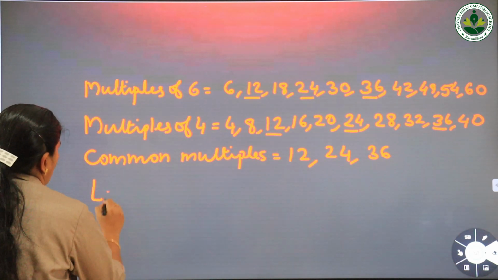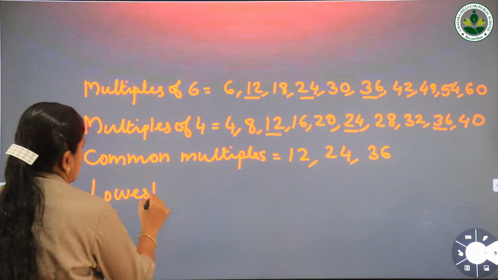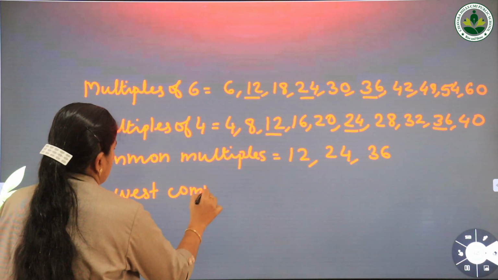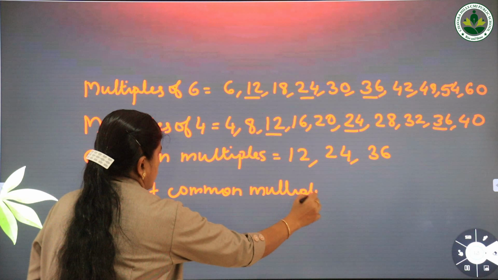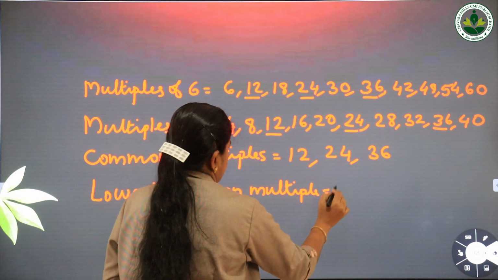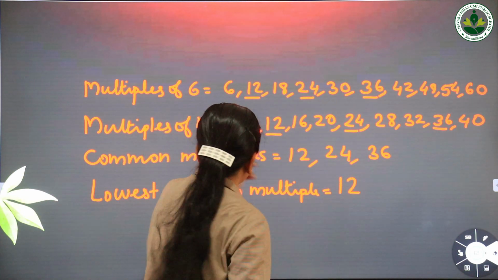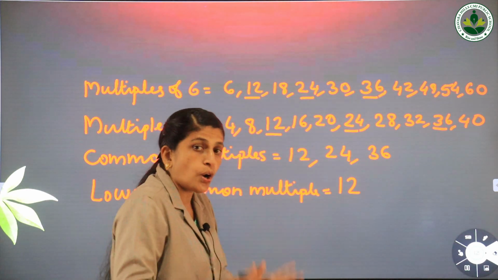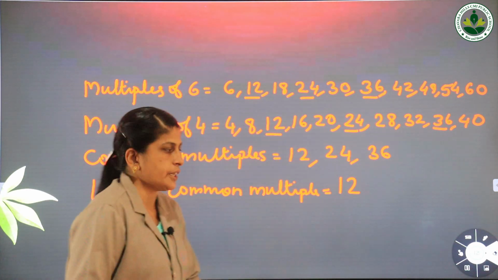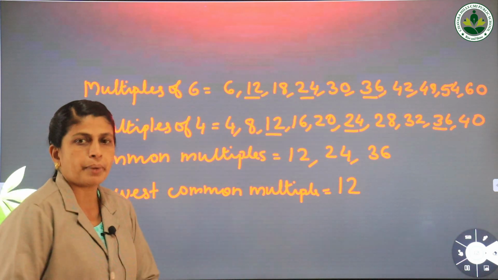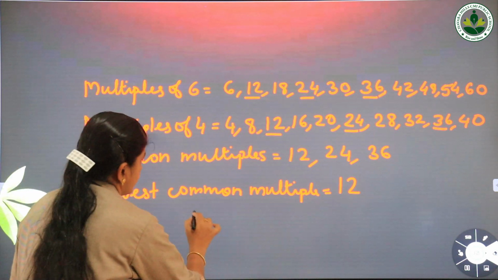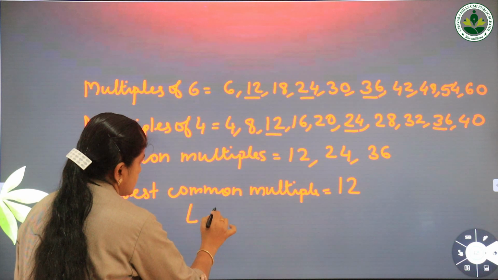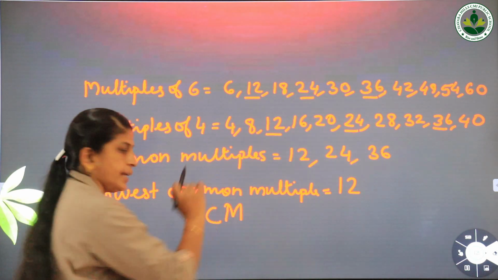The lowest common multiple is equal to 12. Among the common multiples we have written, the smallest one is 12. The short form of lowest common multiple is LCM.